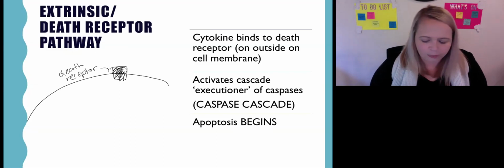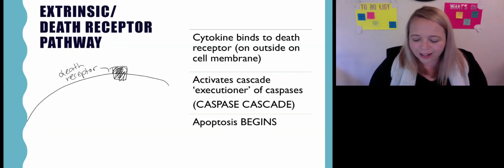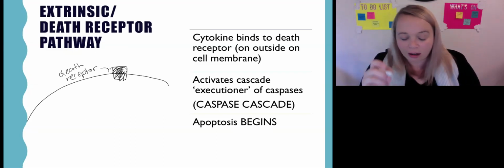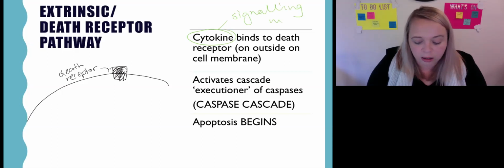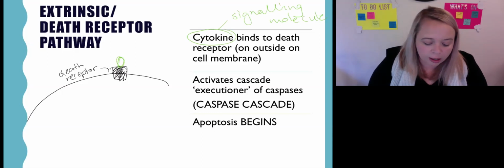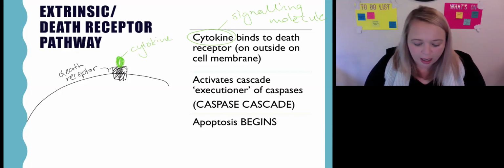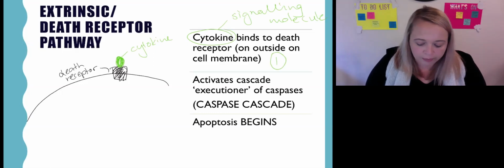Such a cool name. Okay, now a cytokine, if we remember, is a signaling molecule in the immune system, or just a signaling molecule within our body. So the cytokine is going to bind to the death receptors. Here is my cytokine binding to the death receptor. And that is number one.